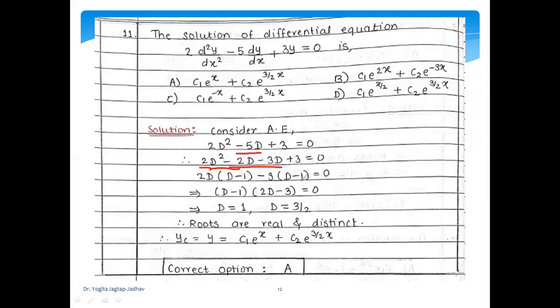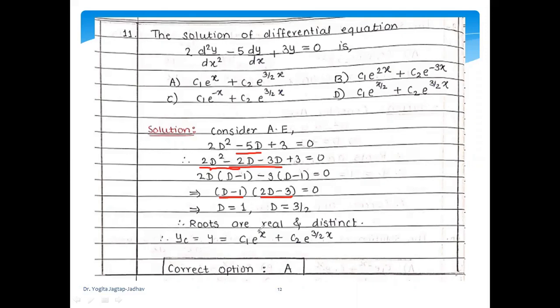Among these two terms, again I have taken D - 1 common. Therefore, in the second bracket, we have 2D - 3. The product of these two brackets is equal to 0, right? Therefore, we compare each bracket with 0, and from the first bracket we have D = 1. From the second bracket we get D = 3/2. Therefore your roots are real and distinct.